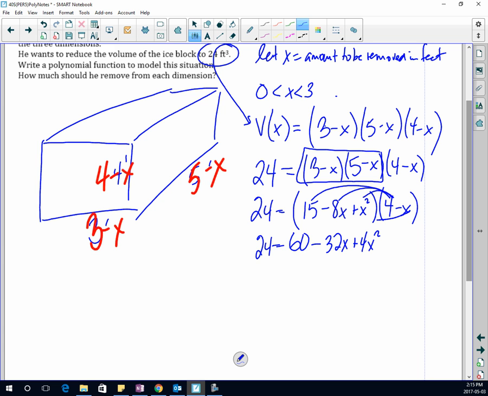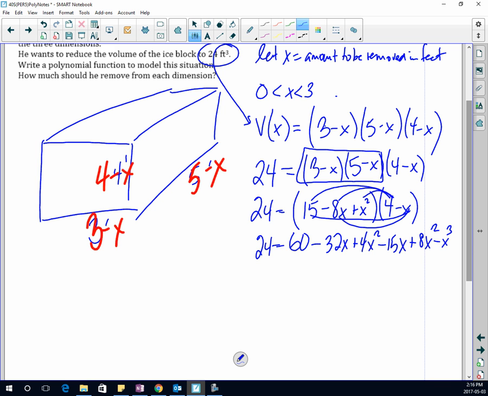And then we have to multiply negative x times 15 is negative 15x. Negative x times negative 8x is plus 8x squared. And then negative x times x squared would be negative x cubed.